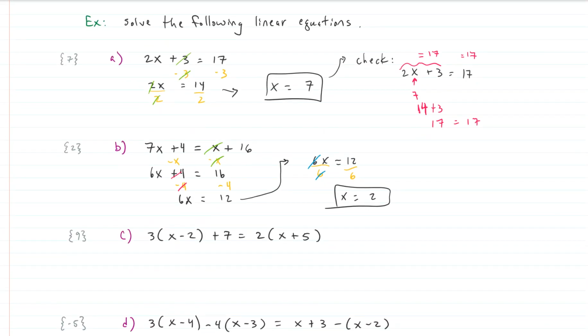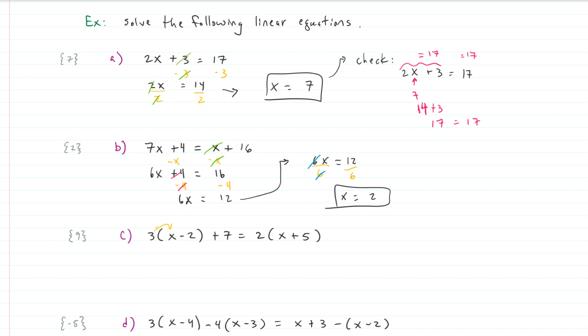Next example. Each of these examples is getting bigger and bigger. This next example is 3 times the quantity x minus 2, all plus 7, and on the right side that equals 2 times the quantity x plus 5. We need to isolate the x, but first we've got to get rid of the parentheses.